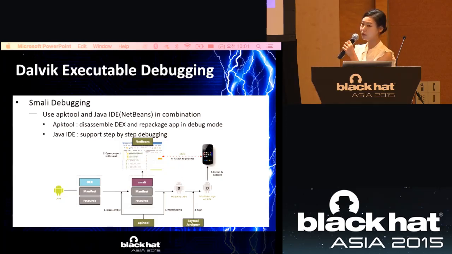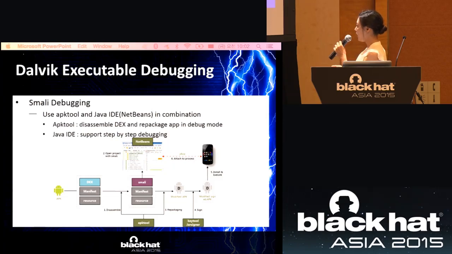This Smali code can now be used in a NetBeans project, replacing Java source code. To do the debugging, the APK file should be in a debug mode. So by using APK tool, the analyst should disassemble and also build the application in a debug mode.